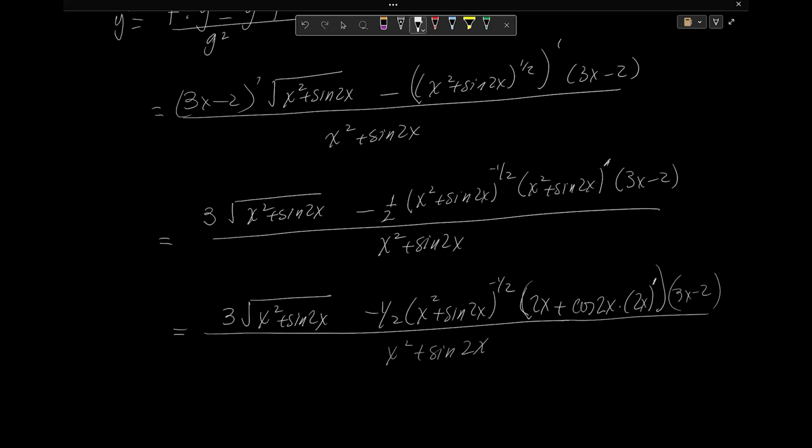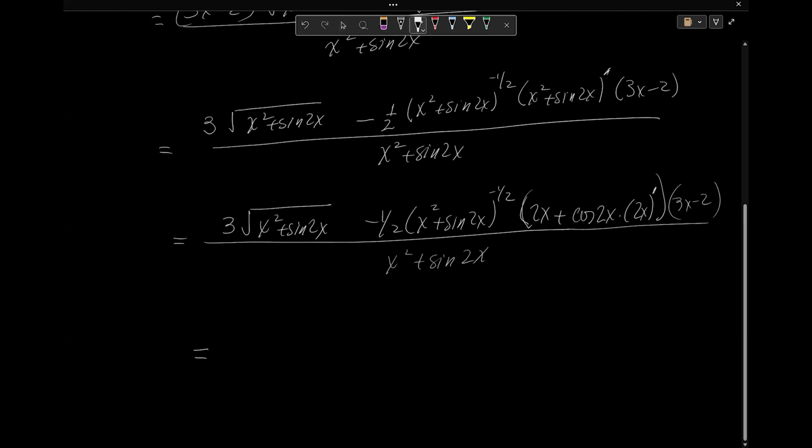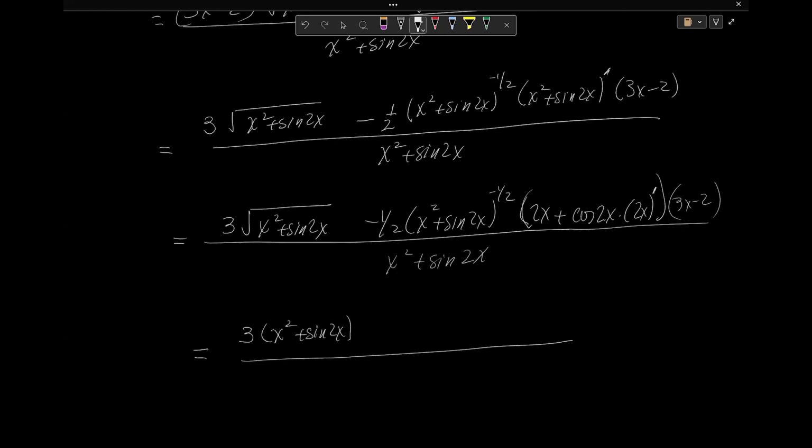Now remember, this is in the numerator. When I change it to 1 over the square root, I can get a common denominator and then combine it with this. When I do that, this will be 3x squared plus sine 2x. The square root goes away. The 1/2 is going to go down in just a second.